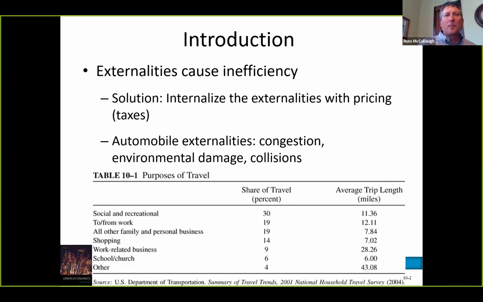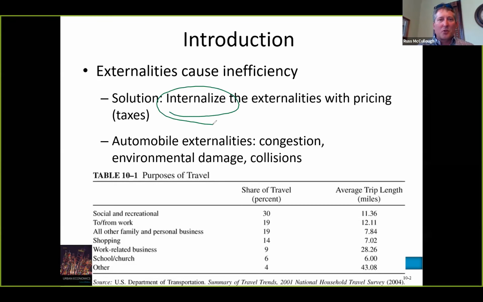When more people start to get on the road, that causes problems for other people. So the congestion is the externality. And so we're going to try to internalize the externalities with pricing. So this is where we'll get into toll roads and other things. Like if you're the one causing the problem, then maybe we'll have a toll that we can assess for you.